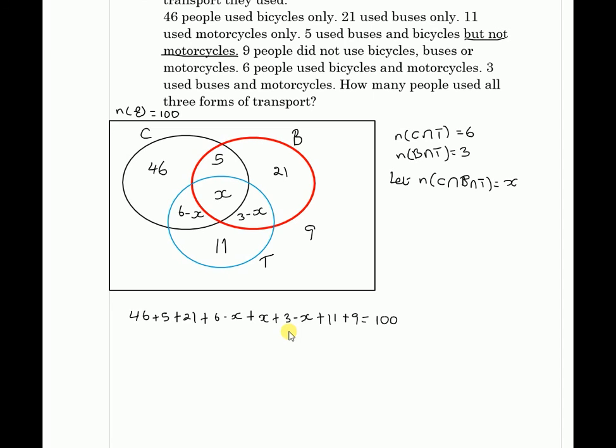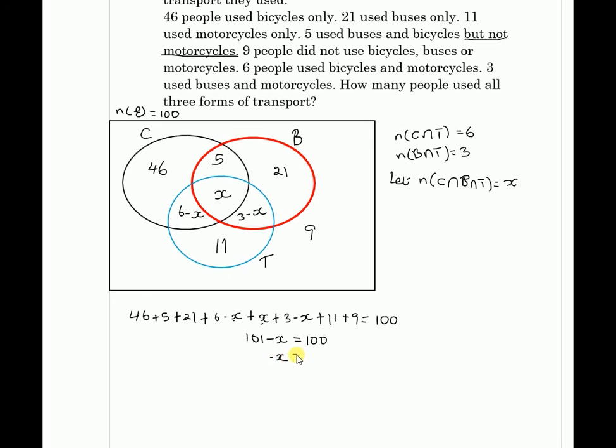Plus the other one, 21 plus 20, that one is 101. So when I add all the numbers, I get 101 minus X. This X cancels with that X, remaining only the minus X which I put there. It is equal to 100.